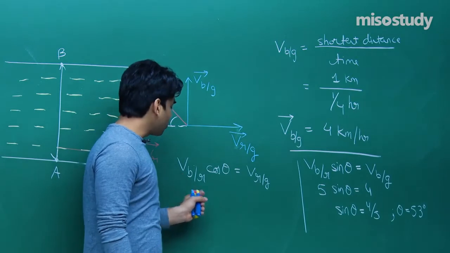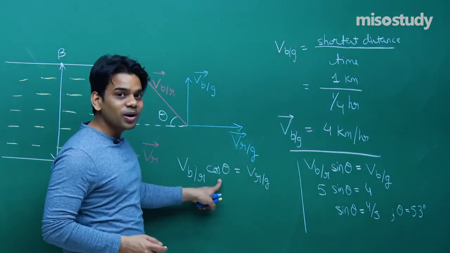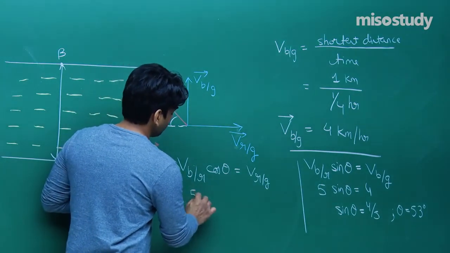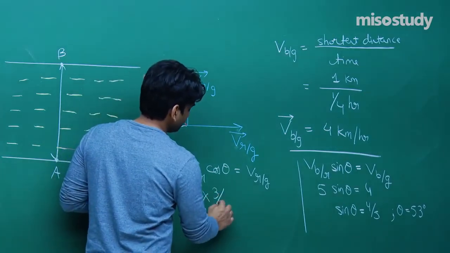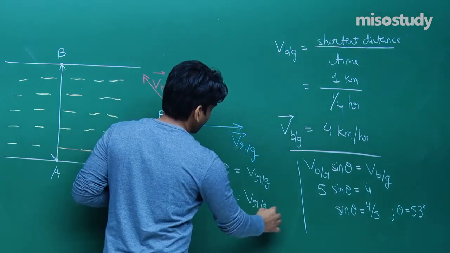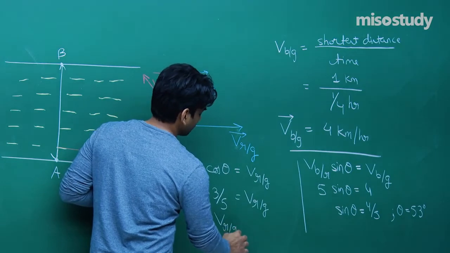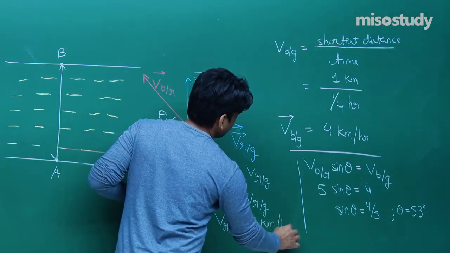From here, velocity of boat with respect to river cos theta, that will come out to be, this is 5 VBR, 5 cos theta, cos 53 will be 3 by 5, is equal to velocity of river with respect to ground. This turns out to be 3. So hence velocity of river with respect to ground will be nothing but 3 km per hour.